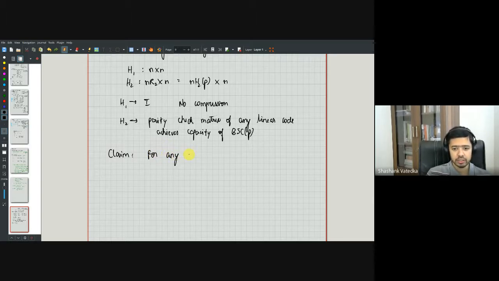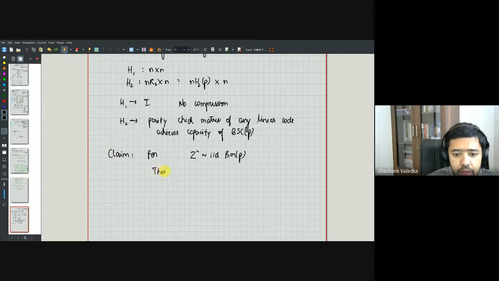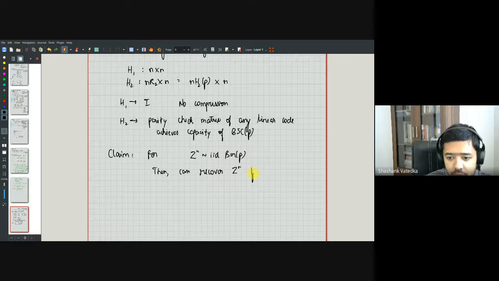For any Zn, if Zn is IID Bernoulli p, then we can recover Zn from H2 Zn with high probability.